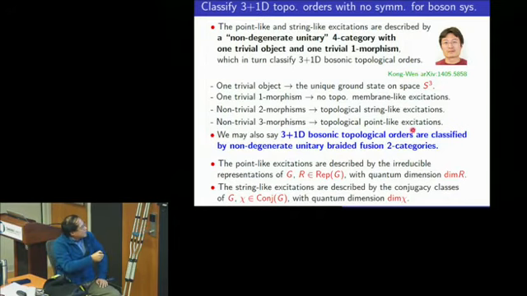From this unitary braided fusion 2-category, we should get the result that the particles are described by a representation group, and the strings are described by conjugacy classes of the group. So again, there's a group structure.